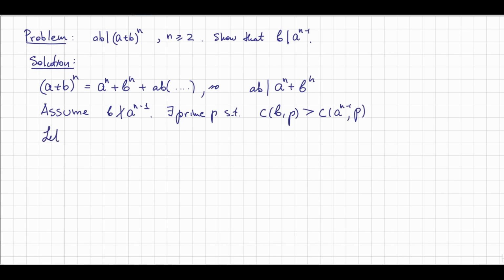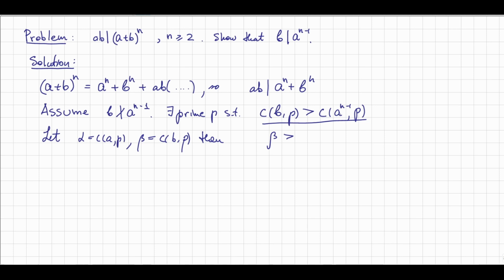So let us say that alpha is equal to c(a,p) and beta is equal to c(b,p). Then what this says here is that beta is larger.